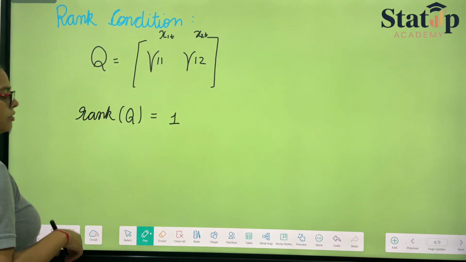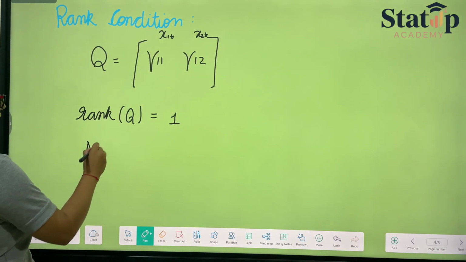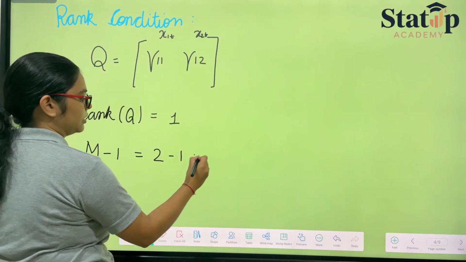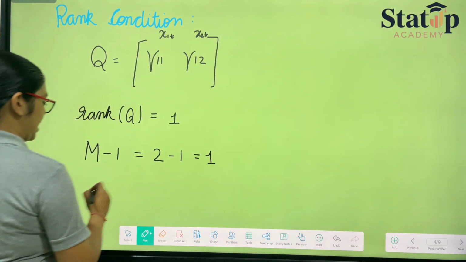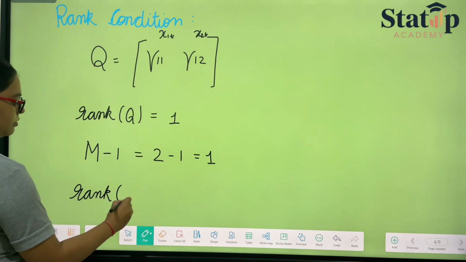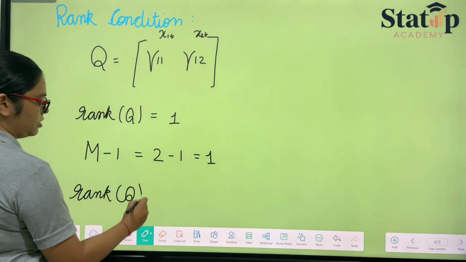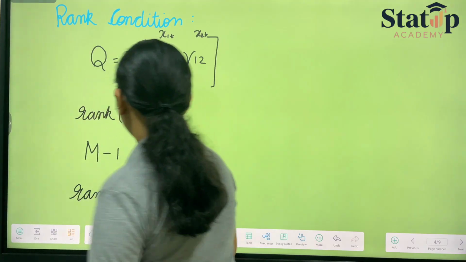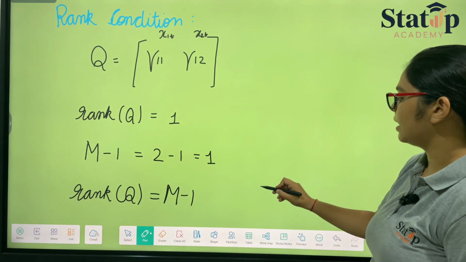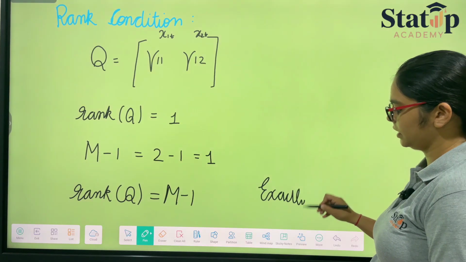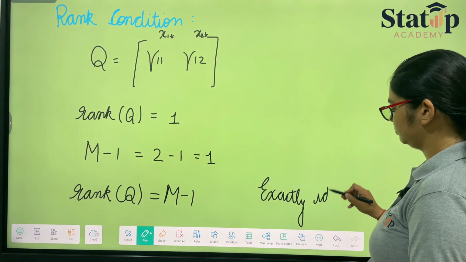The rank of Q is 1, and capital M minus 1, which is 2 minus 1, is also equal to 1. Hence the rank of Q is equal to capital M minus 1, and our equation is exactly identified.